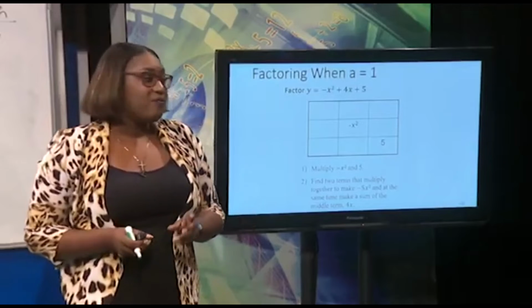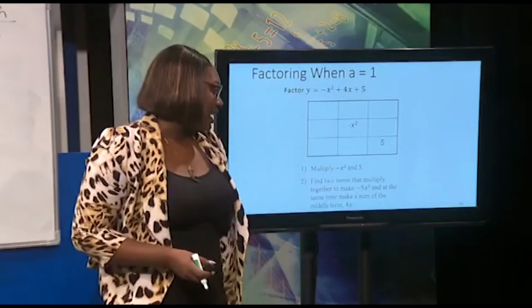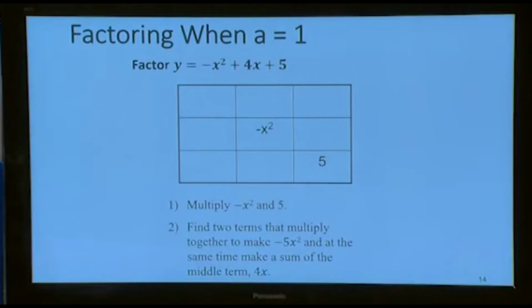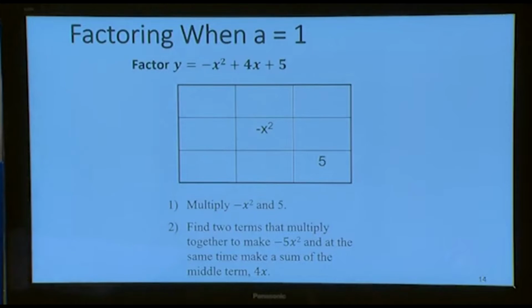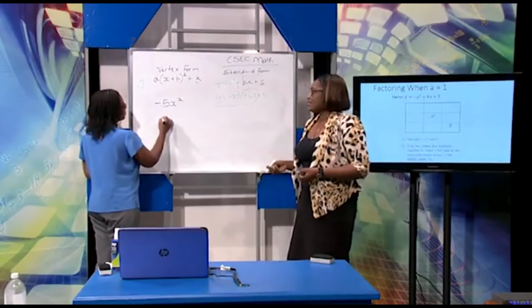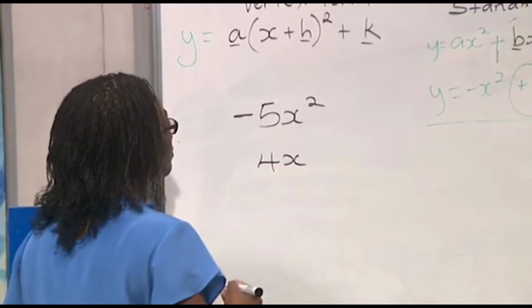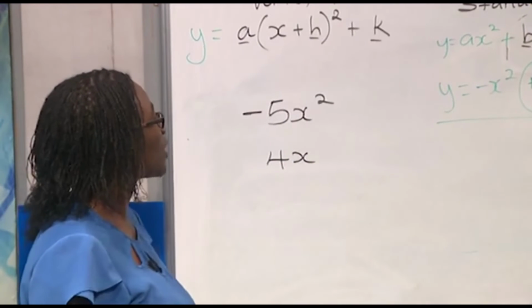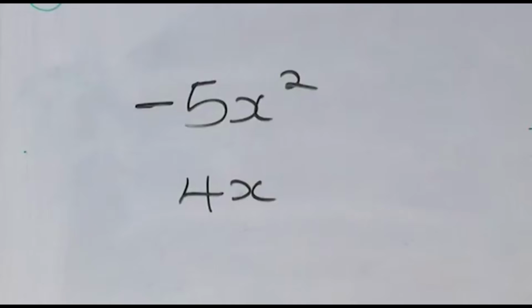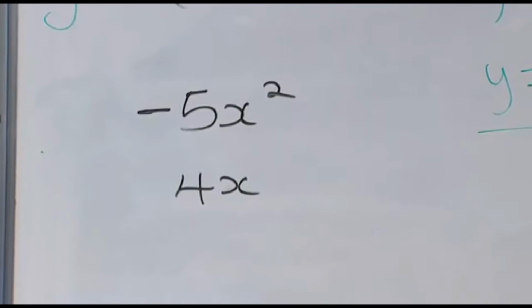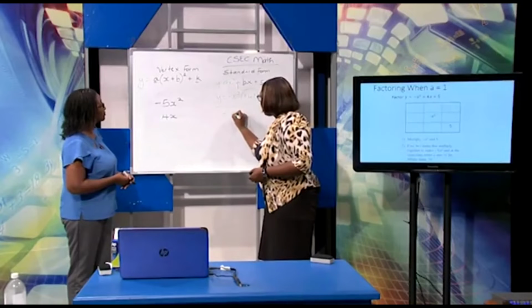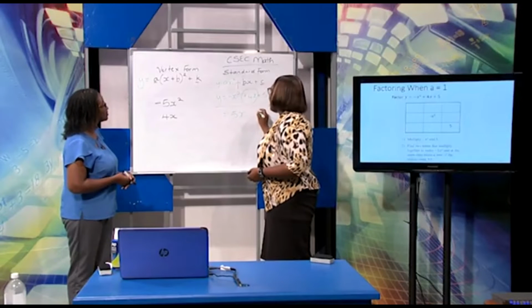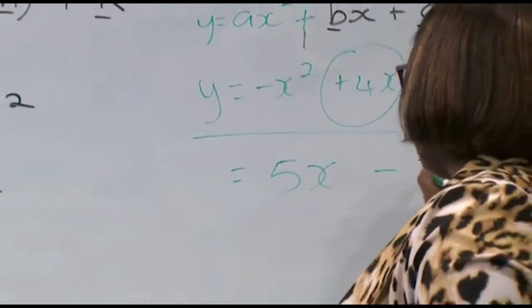We need to find two factors of negative 5x squared that when we multiply them, we get negative 5x squared, but when we add them, we get our bx term, which is 4x. These two factors look like 5 and negative 1. So these factors could be 5x and negative x.